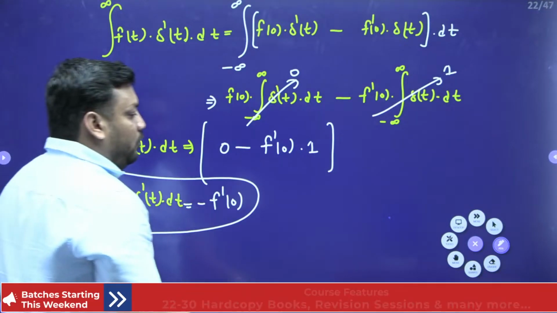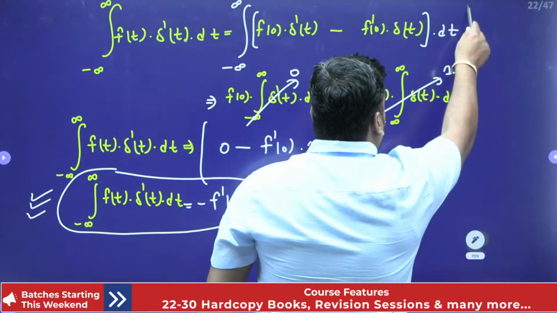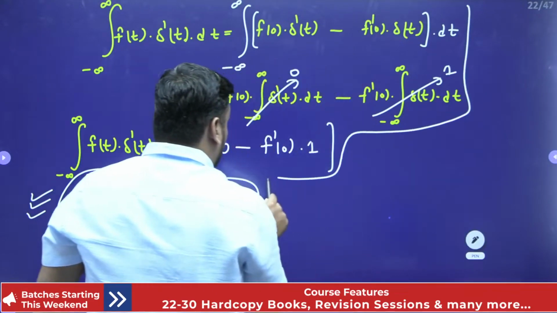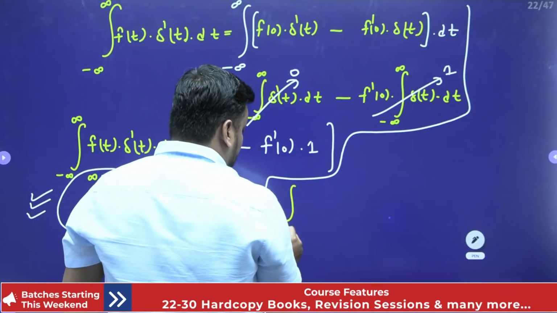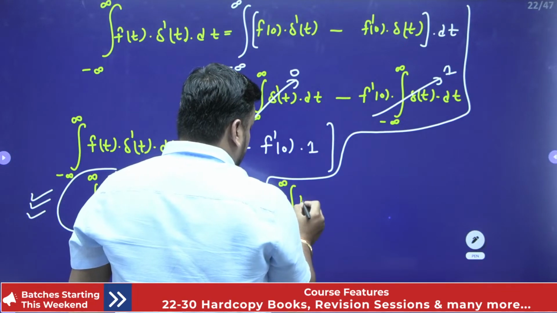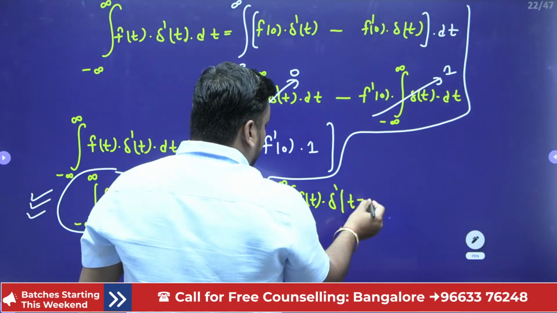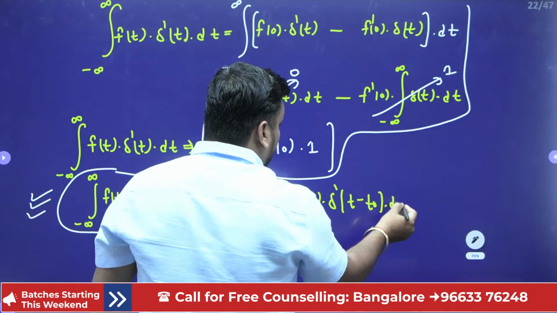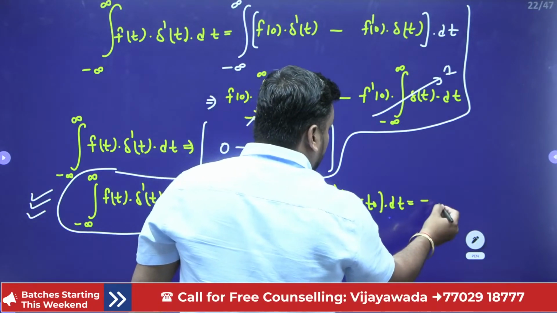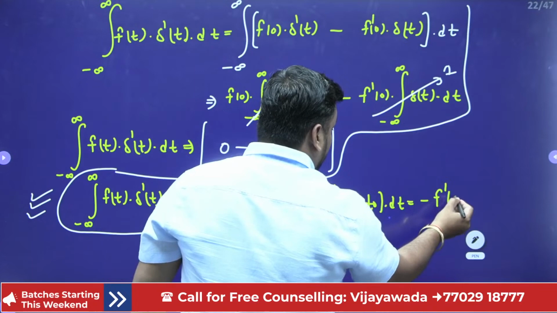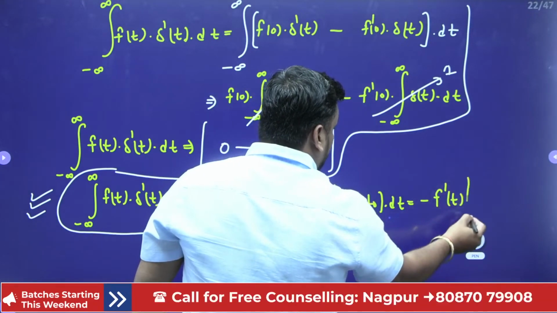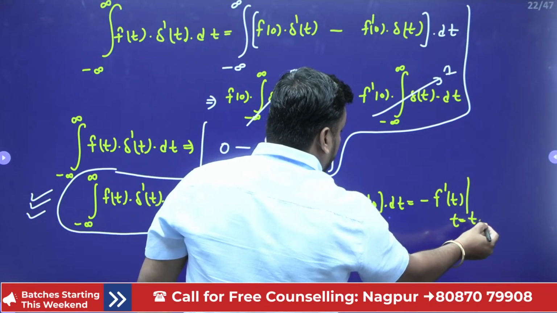Here also I can modify the property. I can replace the impulse doublet signal location as well. So if I ask the integral from minus infinity to infinity of f(t) dot del dash (t minus t naught) dt, then your final answer will be minus f dash (t) at t equal to t naught.